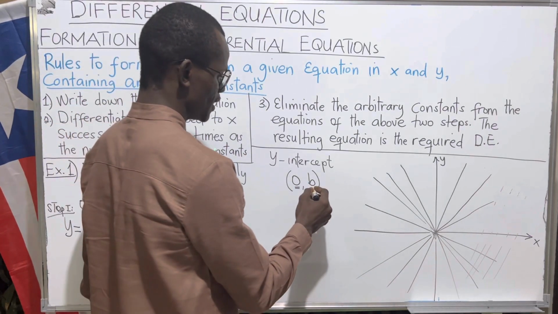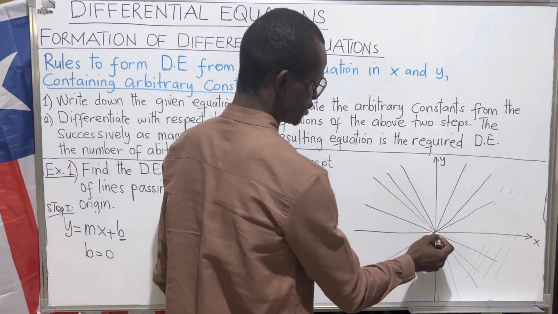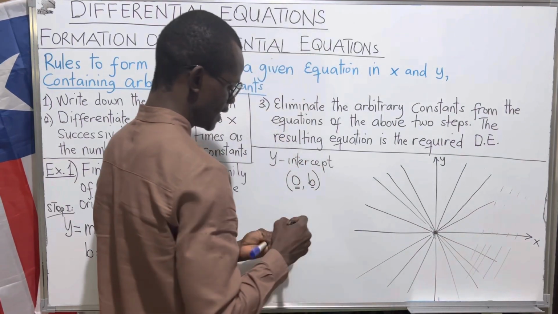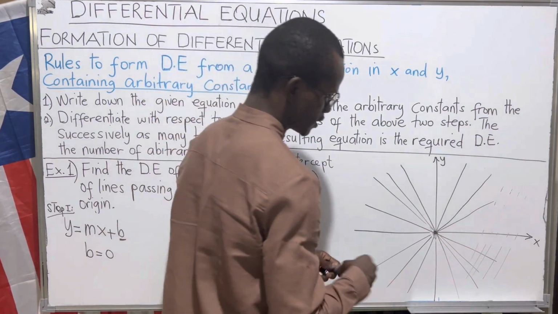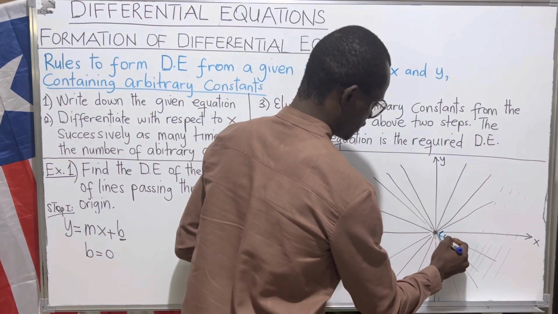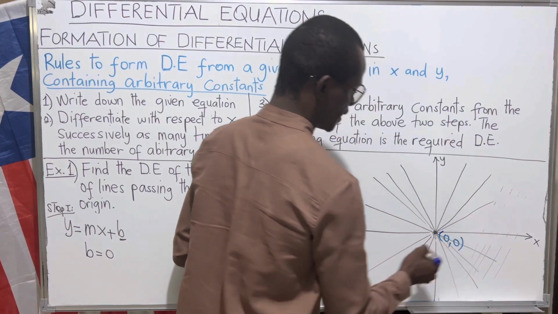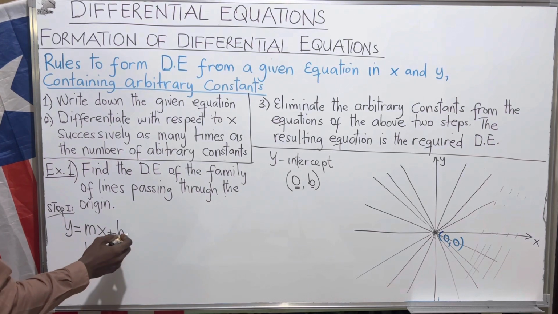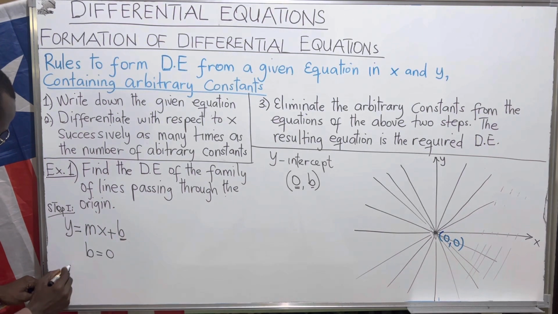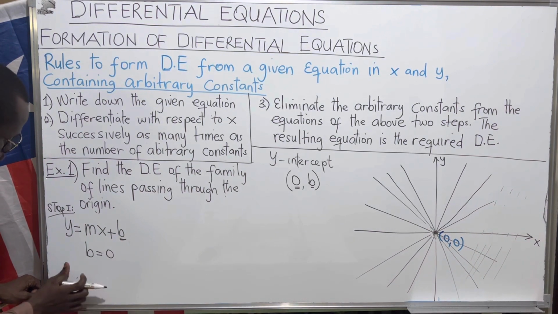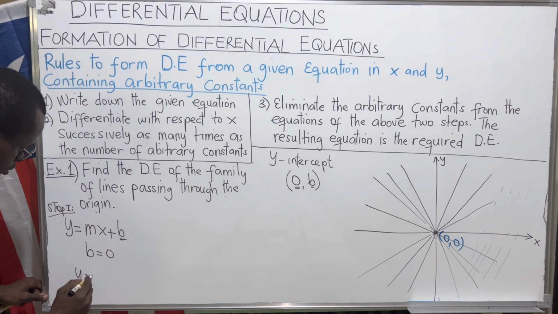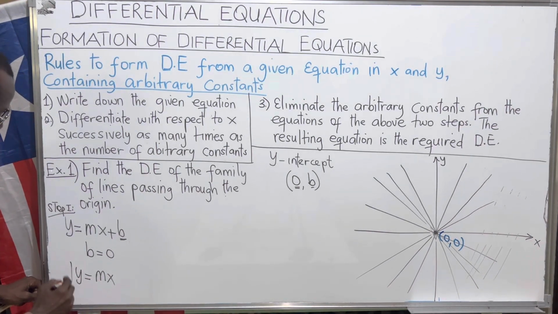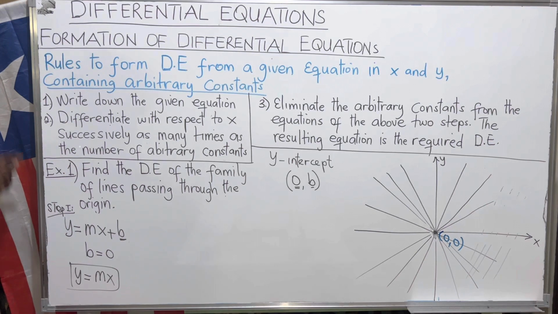If the lines are all passing through the center of the circle, it means at this point x is equal to 0 and y is also equal to 0. Because of that, our b will be equal to 0. So we have the new equation, y equals mx. So there's the first step.